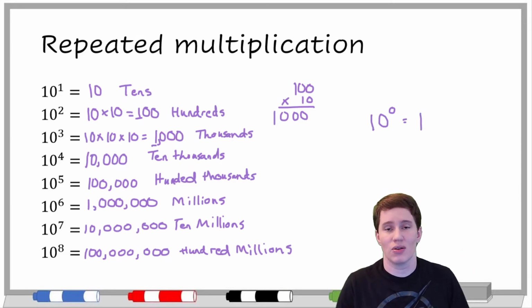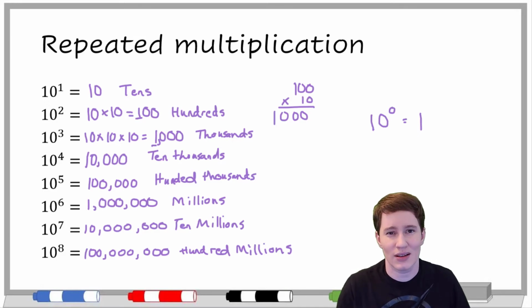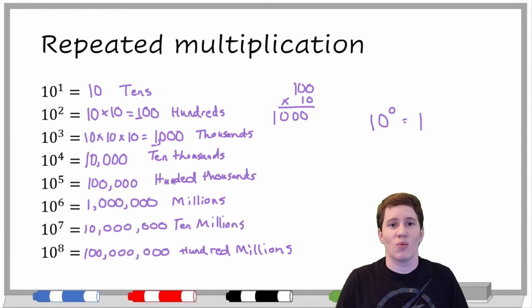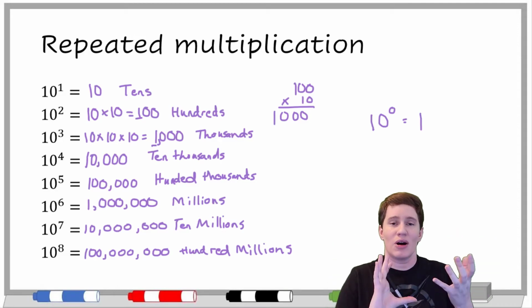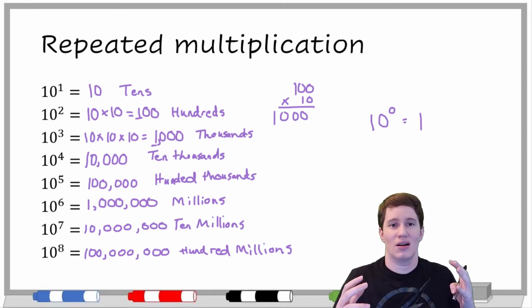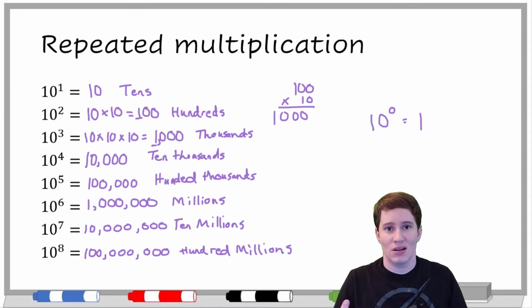And now that I'm going through this, I'm like, did we talk about this in the last video? I can't actually remember. So anything to the 0 power ends up being 1, because we're talking about having a number, and the simplest number possible is one way to think of it, which is 1. We have something, we just don't have much of that something.